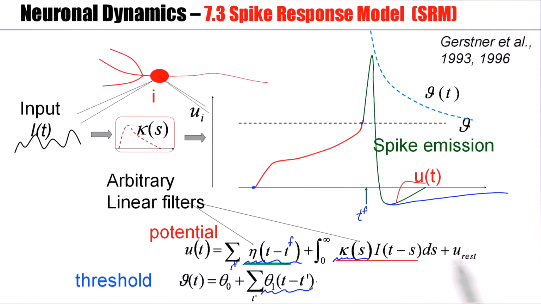And there are three of these kernels: a filter for the external input, a filter that describes refractoriness and adaptation, and a filter that accounts for the dynamic threshold, an increased threshold immediately after a spike.